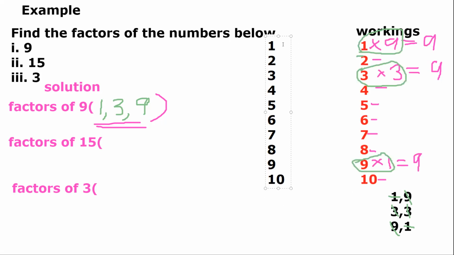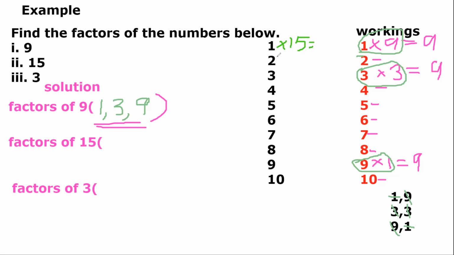Now you find the numbers that, when you multiply, you get 15. Find those numbers when you multiply by the numbers that you have listed here to give you 15. So 1 times what number will give you 15? 1 times 15 will give you 15, or 1 times every number will give you itself.